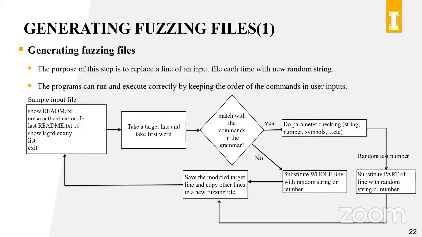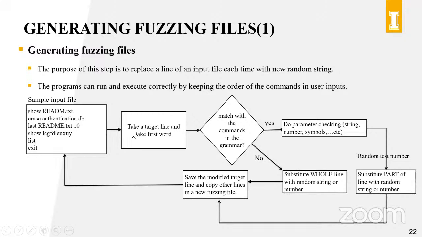That's because we want to keep the order of the commands or the order of the lines, so that the program we are testing runs correctly without any problem. The order of the commands is important to be able to test the program and run it correctly. So the sample input files look like what we have here as an example.